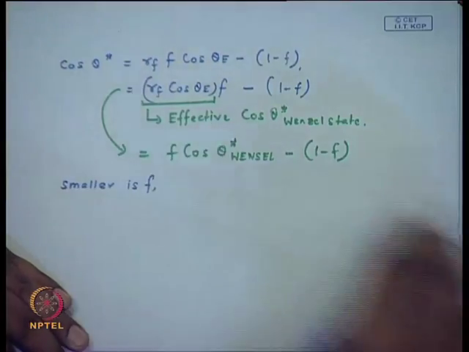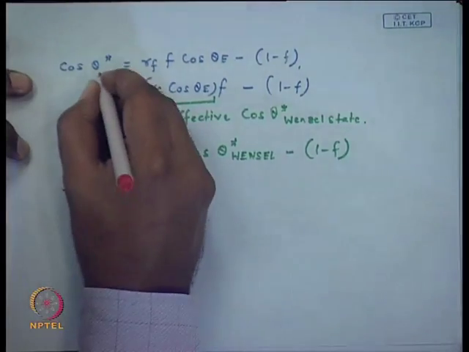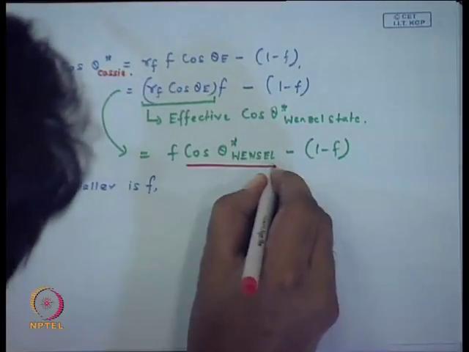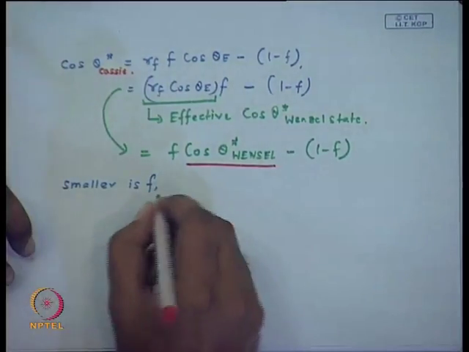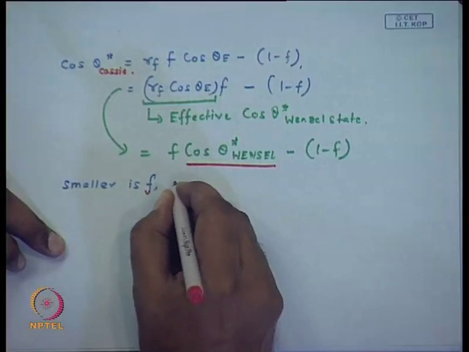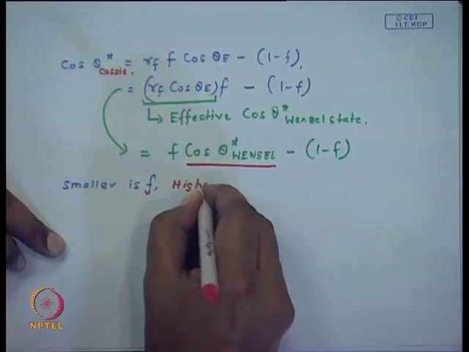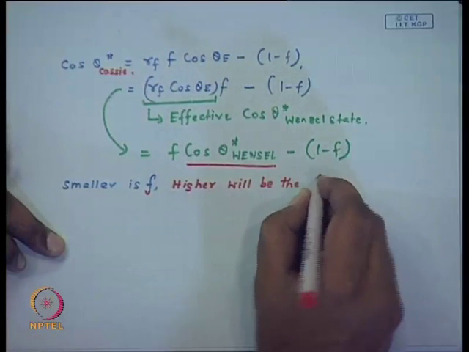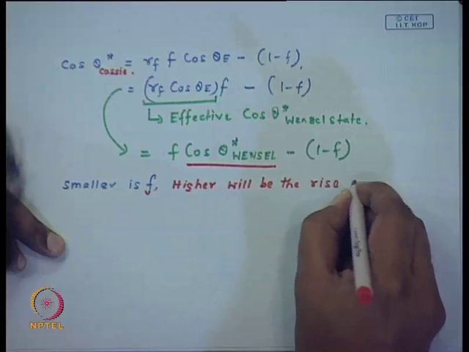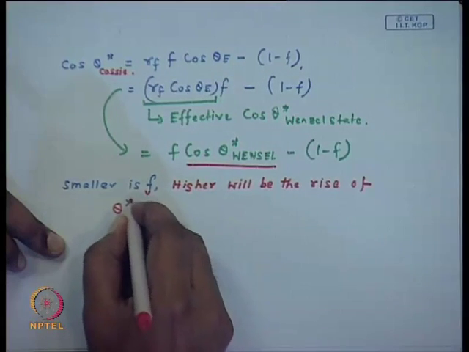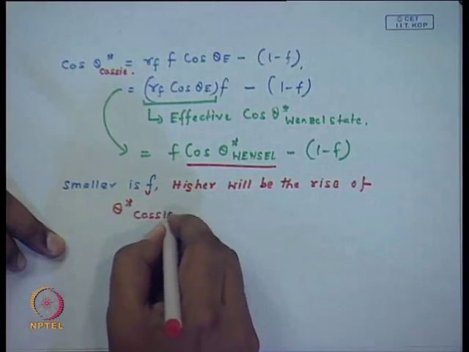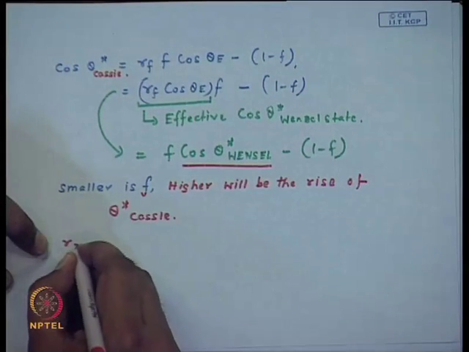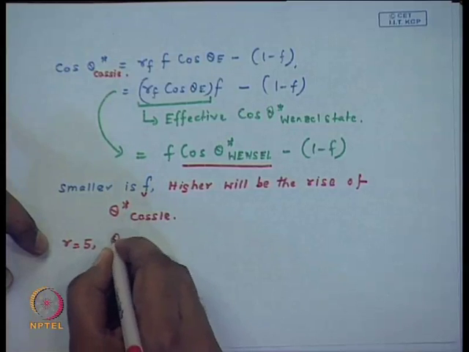So, in order to distinguish the two, we write this as theta star Cassie and this as theta star Wenzel, and we can clearly see that the smaller the value of f, the higher will be the rise of theta star Cassie.